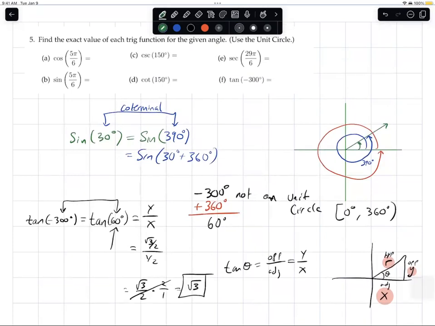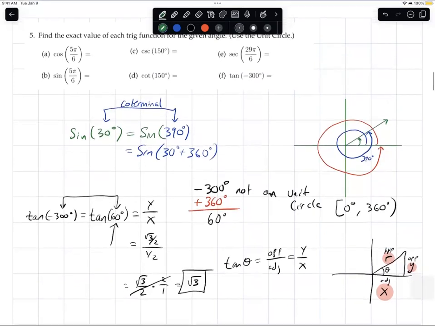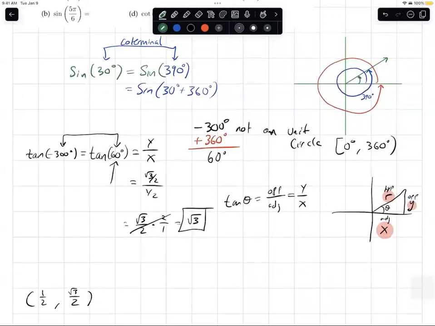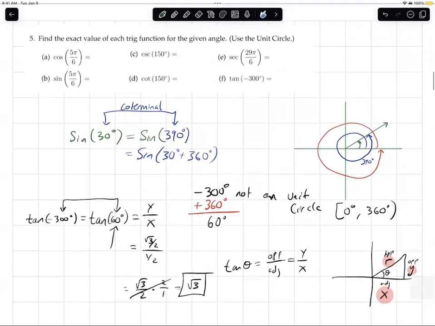Yes. So 29 pi over 6 is not on the unit circle, but we can find an angle that is coterminal with 29 pi over 6 that is on the unit circle, and we can take the secant of that angle. So let's do that.